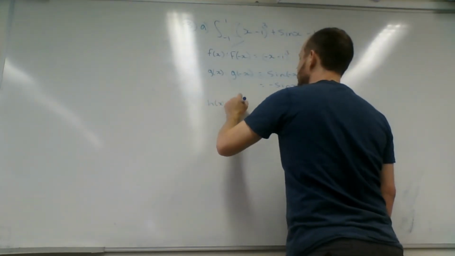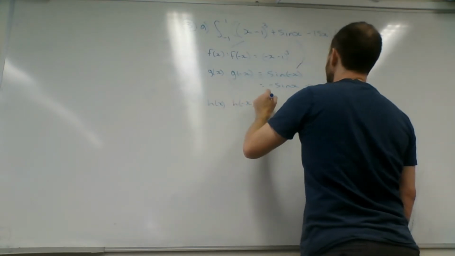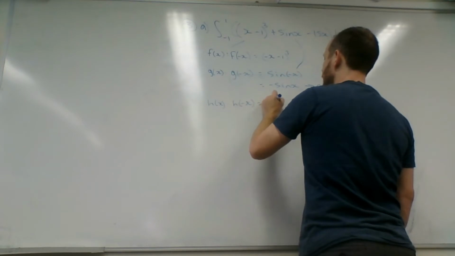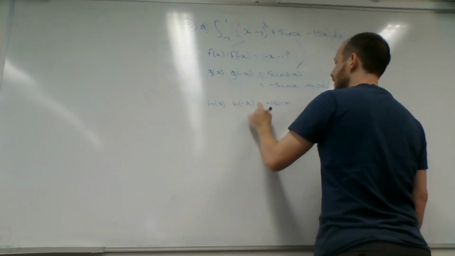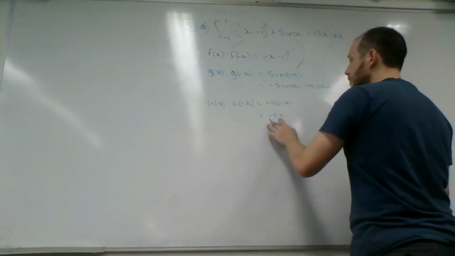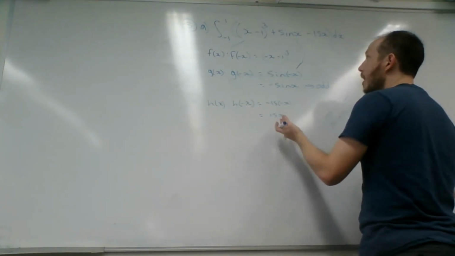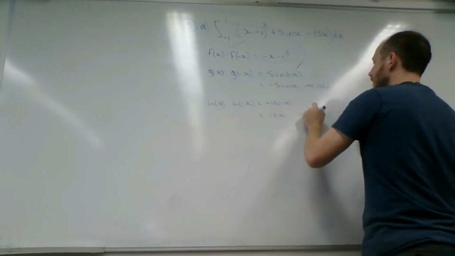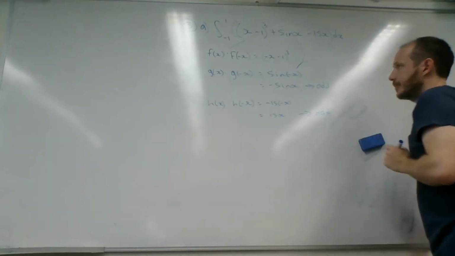So h of minus x is equal to minus 15 times minus x, which is equal to 15x. Now this one is equal to minus our original function, so this one is also odd.